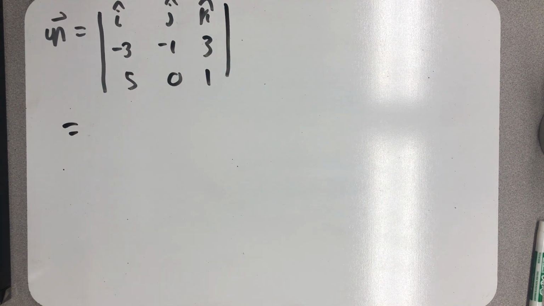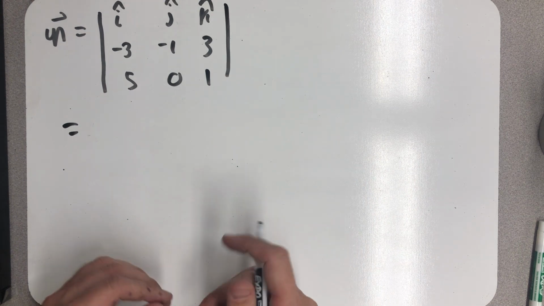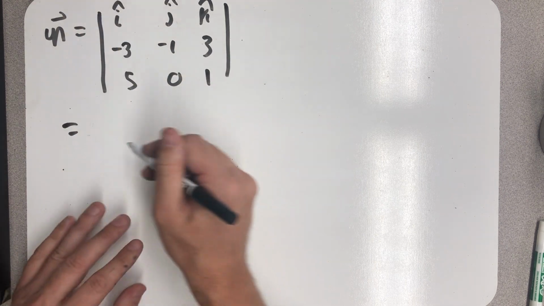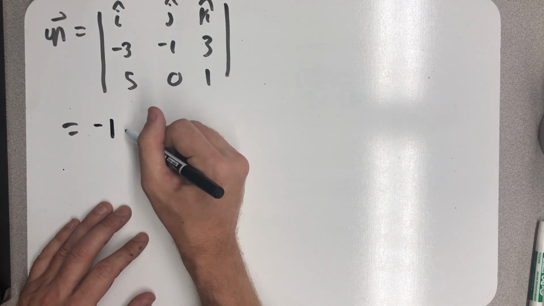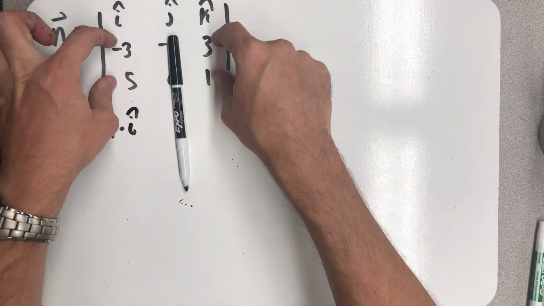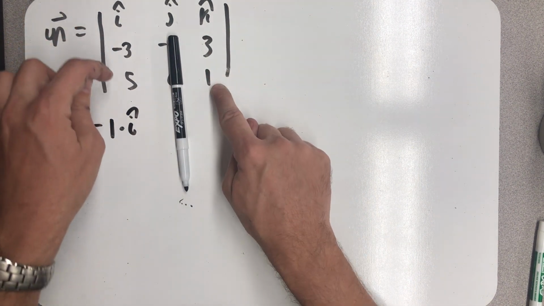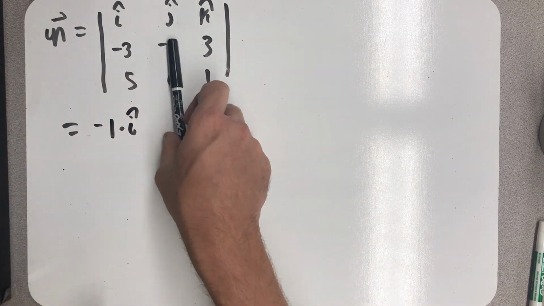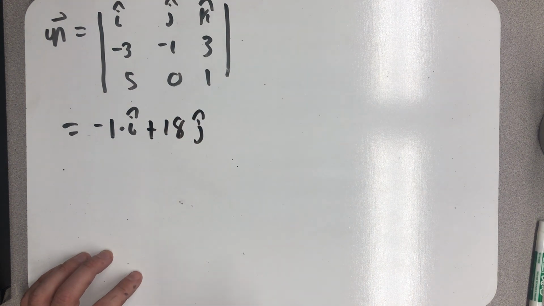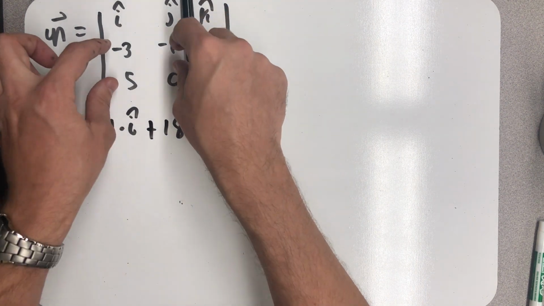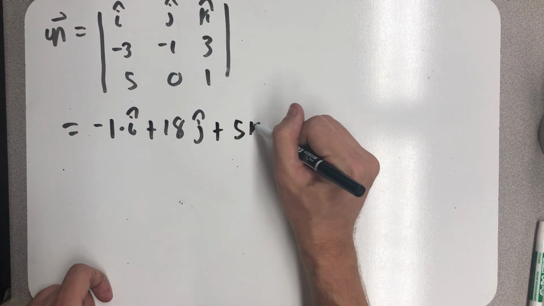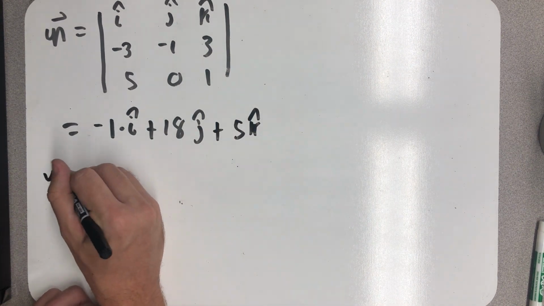You could pause the video here if you wanted to and do it on your own. I need to take the determinant of this little 2 by 2. That would be minus 1 times i. Now I need to take the determinant of this little minor matrix. So minus 3 minus 15 is minus 18, but the one in the middle, the sign gets flipped around, so that's plus 18j. And then finally, I need to take the determinant of this little 2 by 2, which would just be 5. So there's my vector n.